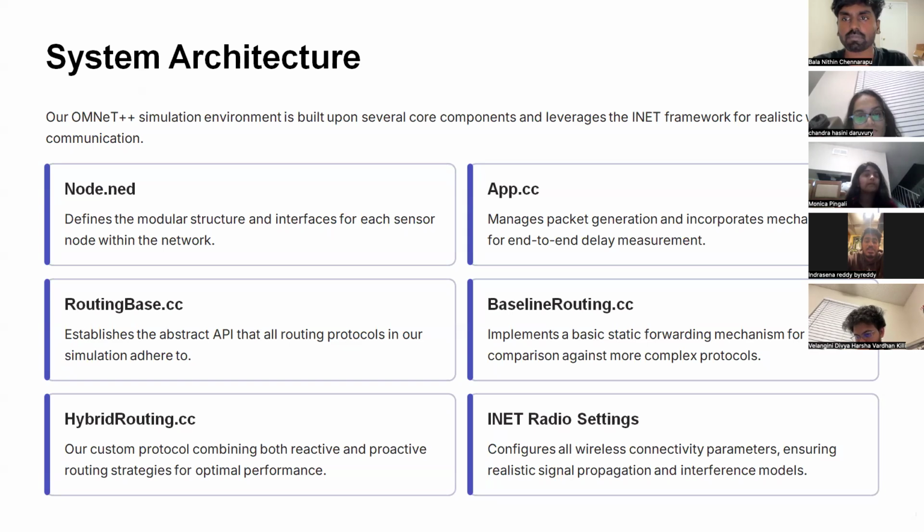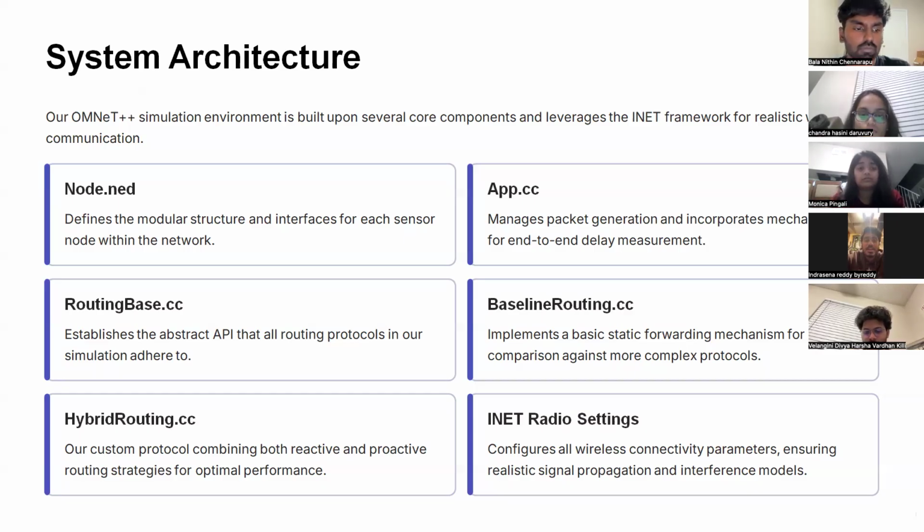The routing-base.cc gives a common interface for routing protocols. The baseline routing.cc implements a basic static routing algorithm. The hybrid routing.cc is an improved routing protocol with proactive and reactive features. All radio and network parameters are taken from config g7.ini for fair comparison.